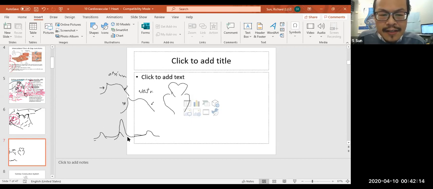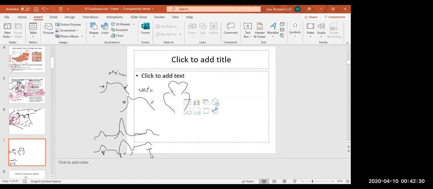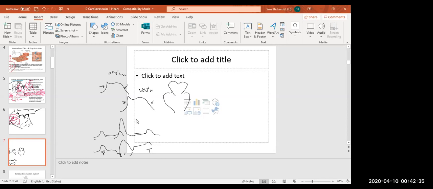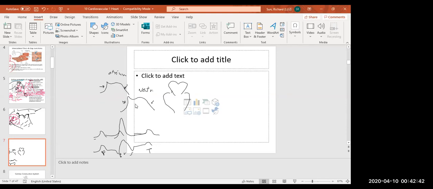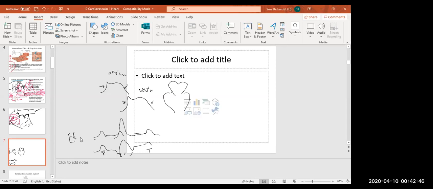If we have this all together, we will have a P wave. This is QRS and T. So that is the transition from the action potential of the atrium and the ventricle into ECG.